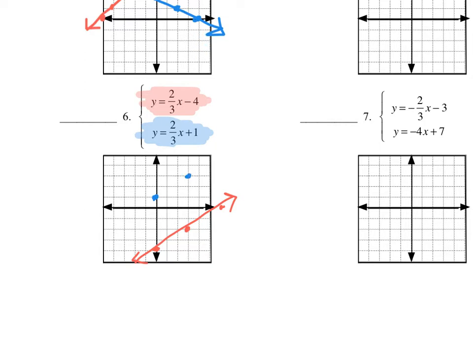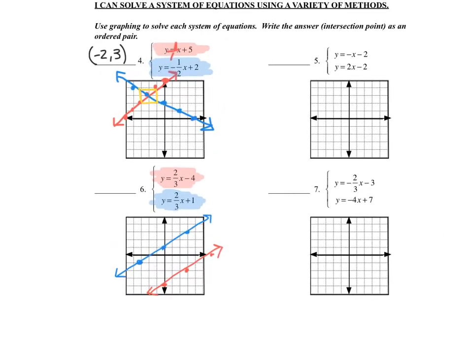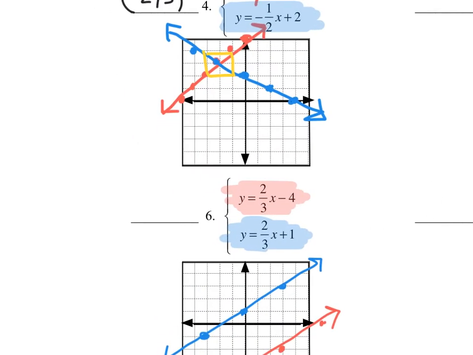Or we can go down -2, 1, 2 over -3, 1, 2, 3. Go ahead and connect your points. So number 6, okay, they don't have a point of intersection. They never cross. So this means that it's no solution.